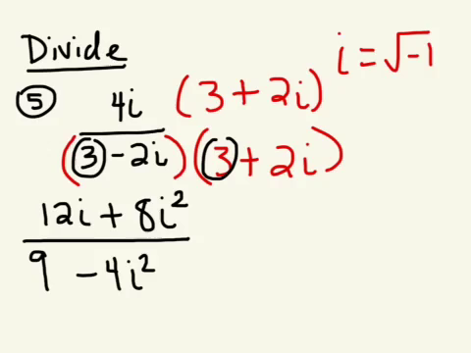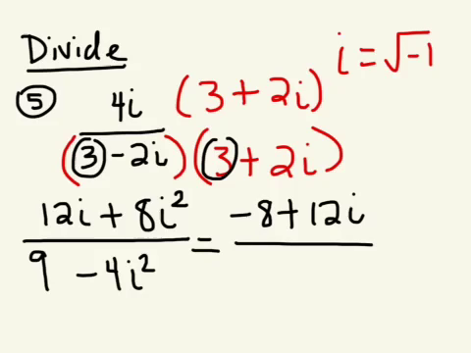Again, we know that i squared is equal to negative 1, so let's substitute that in for the numerator and the denominator. So here I end up with negative 8 plus 12i all over 9 plus 4.